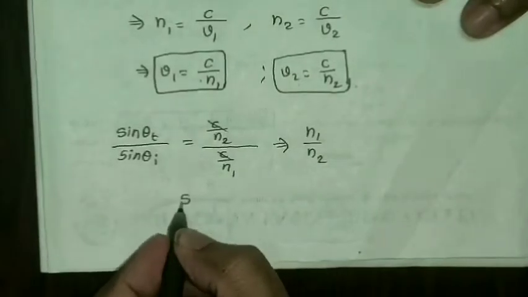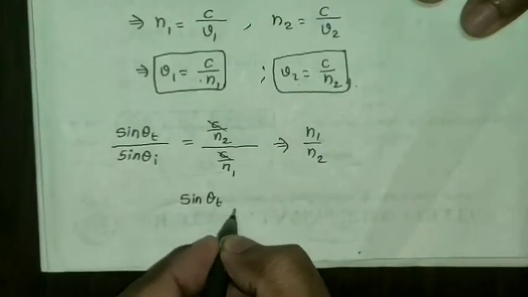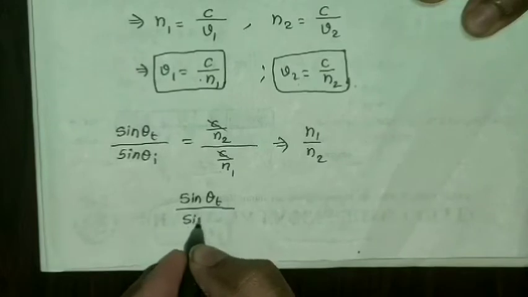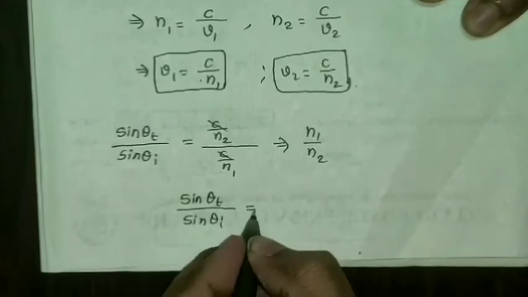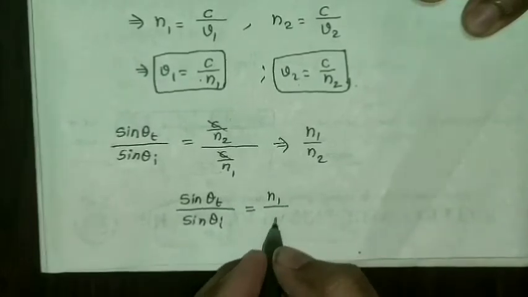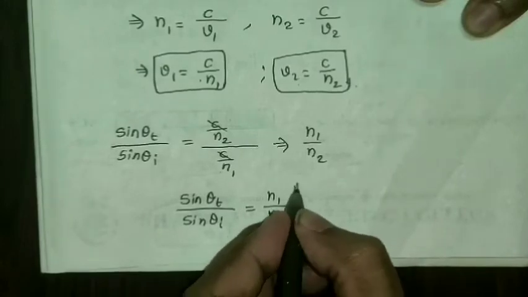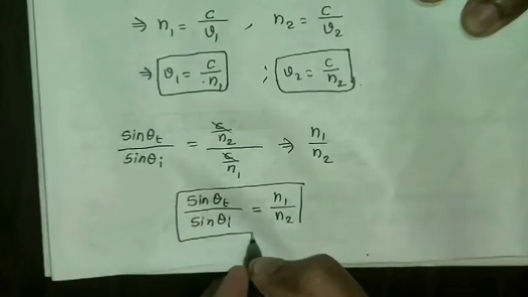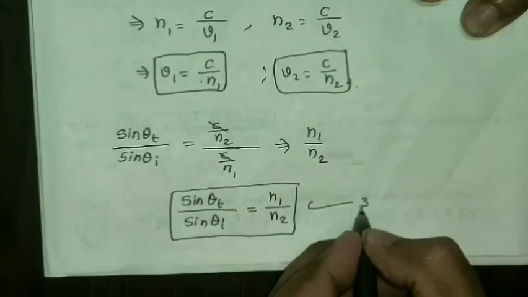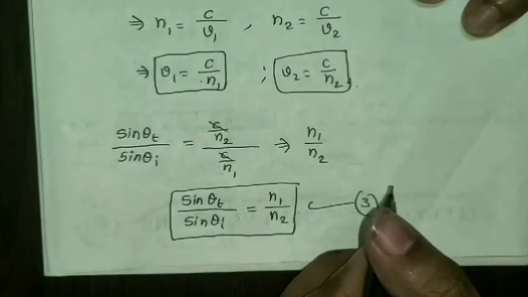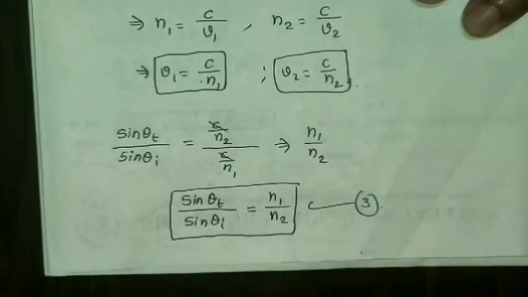Therefore, the sine of the transmitted angle to the sine of the incident angle gives you the ratio of the refractive index of medium 1 to the refractive index of medium 2. This is another representation in terms of the refractive index.